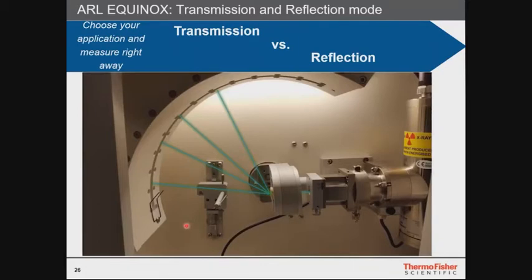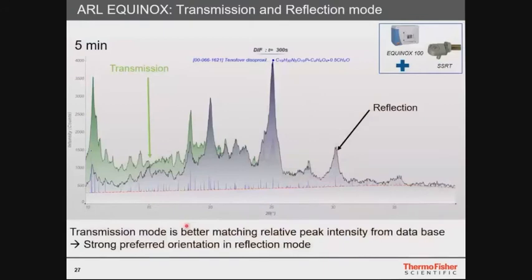Now the example. This is tenofovir measured in 5 minutes measurement time, so quite a quick measurement. The green is transmission and black is reflection. What we can see at first view is that they do not look similar. And this is due to preferred orientation.